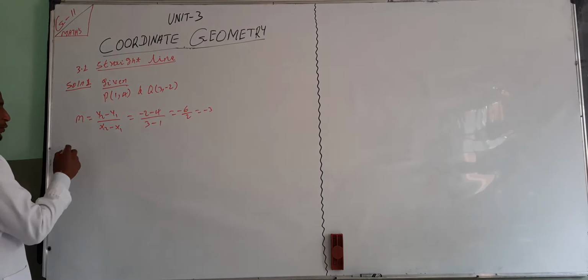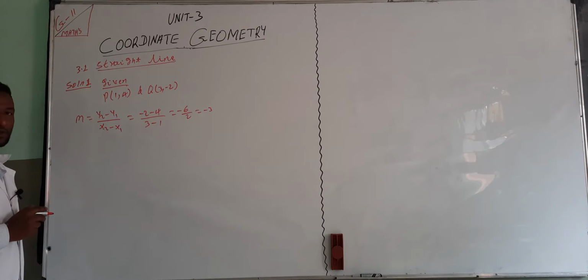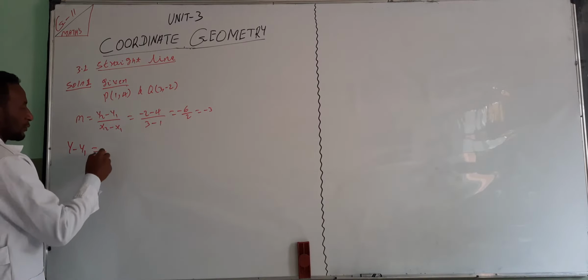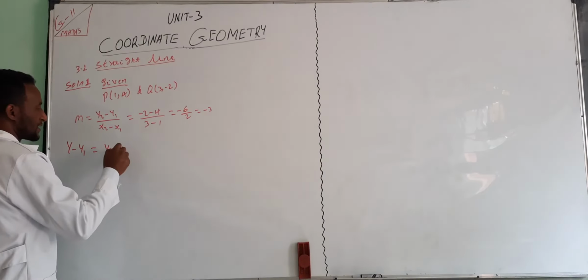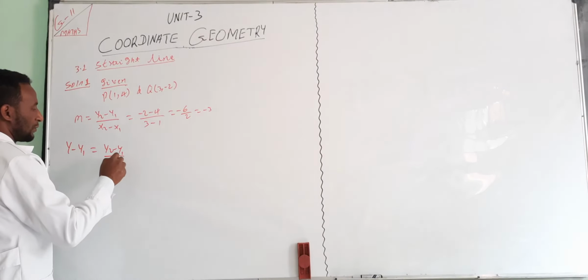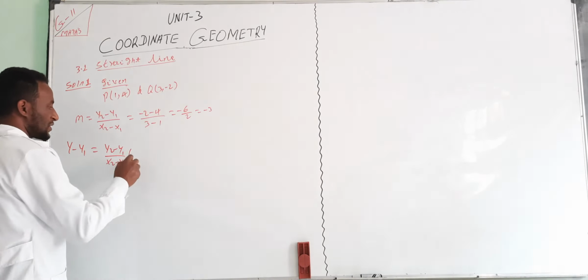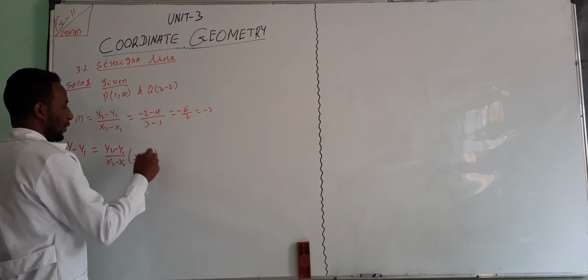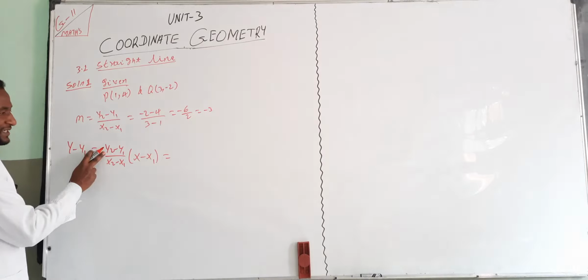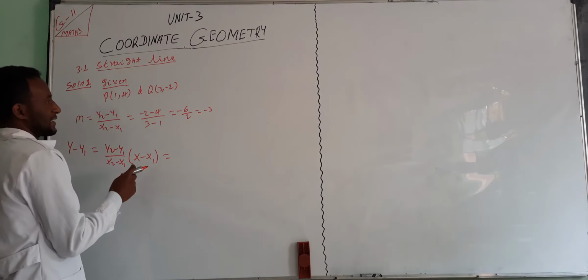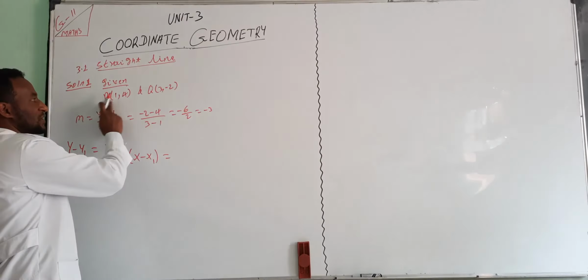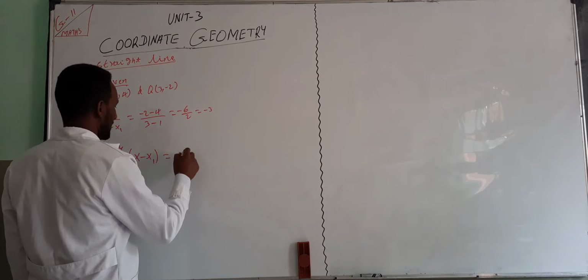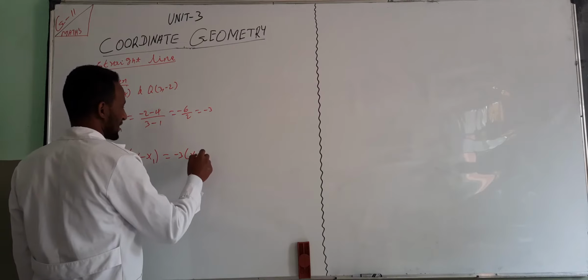Then when we write the equation of the line, y minus y1 is equal to y2 minus y1 over x2 minus x1 times x minus x1, where this is the slope of the line that passes through P and Q. Therefore, -3 times x minus x1.